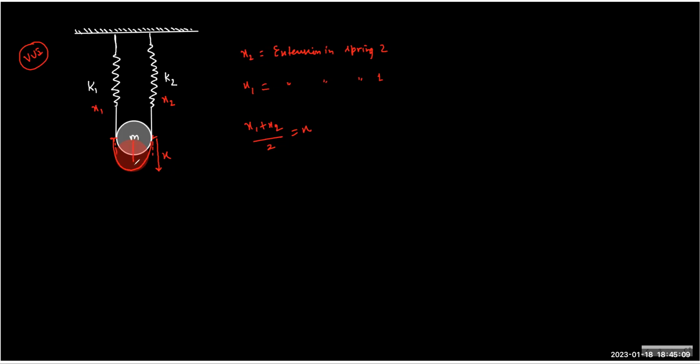By moving the pulley down by x, how much extension have you brought into the string? 2x. So from where will the 2x be compensated? It is the x1, x2 which is giving you 2x, isn't it?